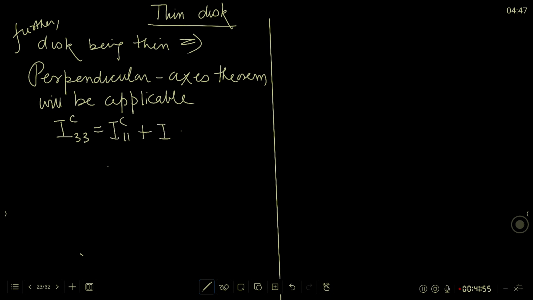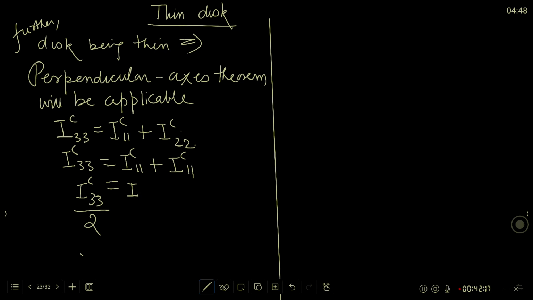And I have already concluded that IC11 and IC22 are the same, which means that IC11 will be IC33 by 2. That relationship also exists.